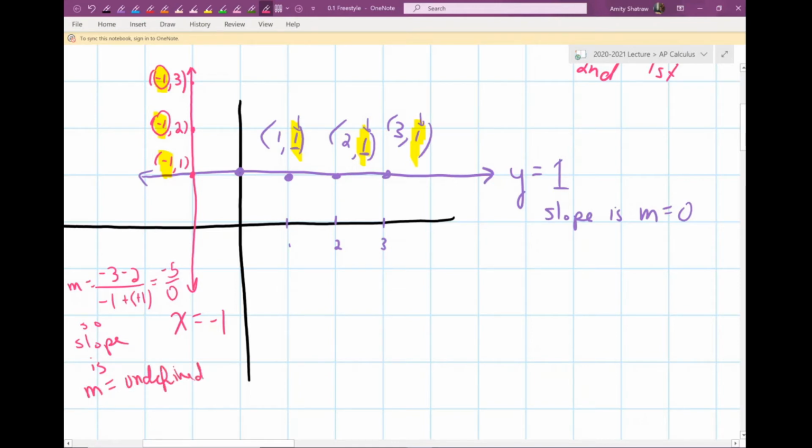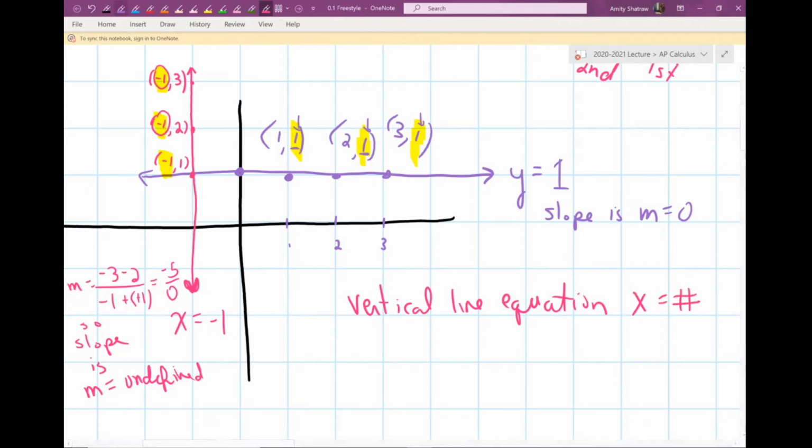Now, when I want to go over these in general, I will say that a vertical line has an equation, and this particular pink line we found was x equals negative 1, but anytime I have a vertical line, it will be x equals some number.